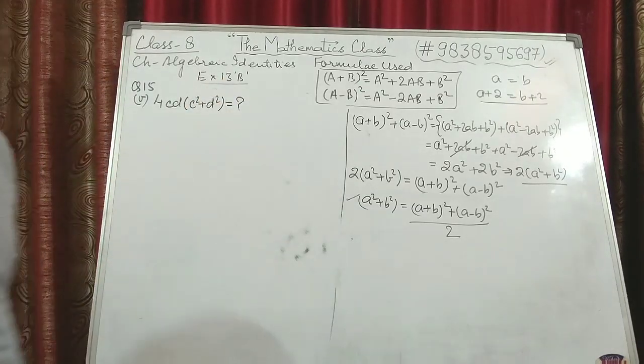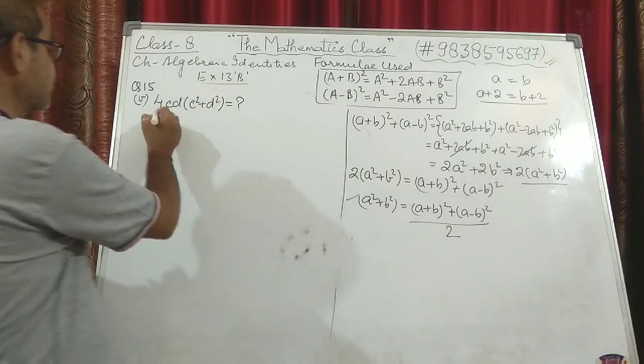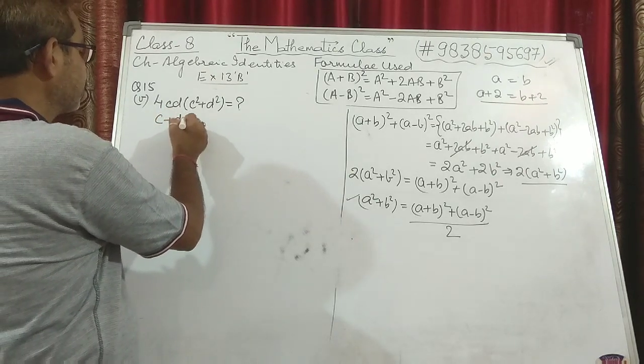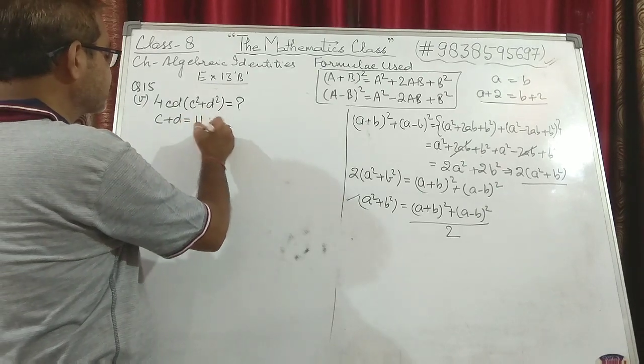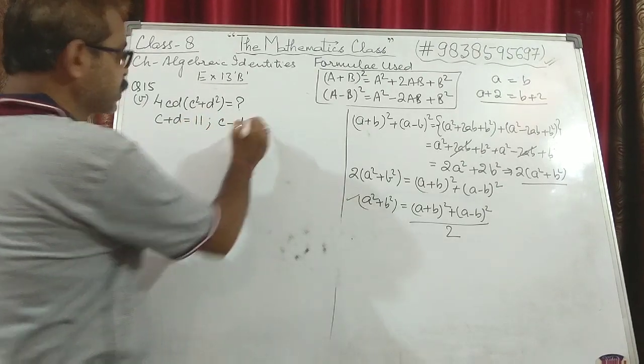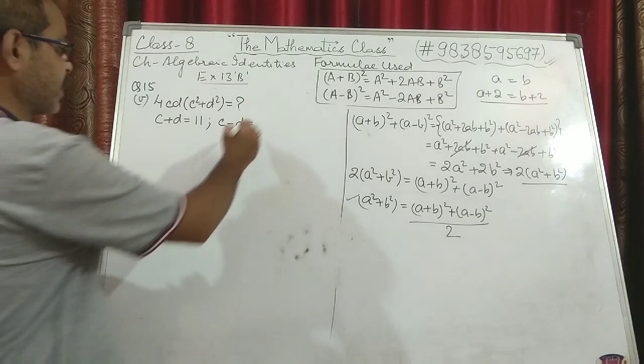This you have to find out when C plus D is given to you as 11 and C minus D is given to you as 1.